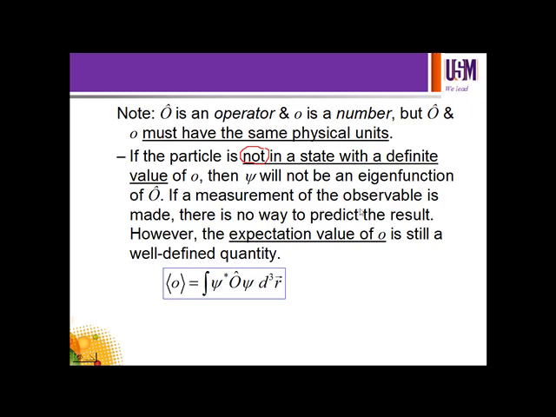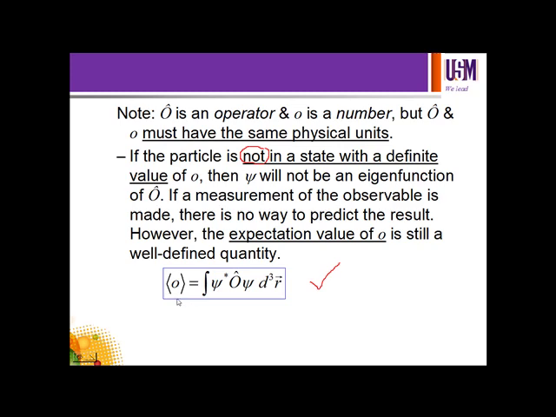If a measurement of the observable is made, there is no way to predict the exact result. However, the expectation value of O is still a well-defined quantity. That means for a non-specific eigenvalue, psi cannot be an eigenfunction, because we cannot say specifically what the value of the eigenvalue is. But we can define an expectation value of O, in terms of probability.